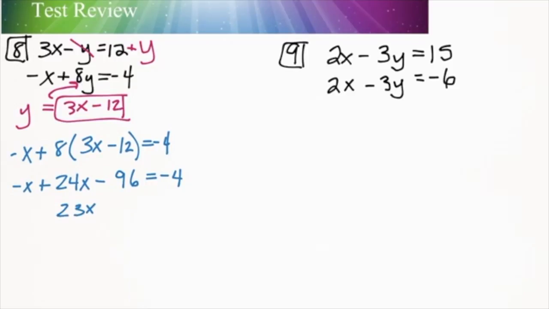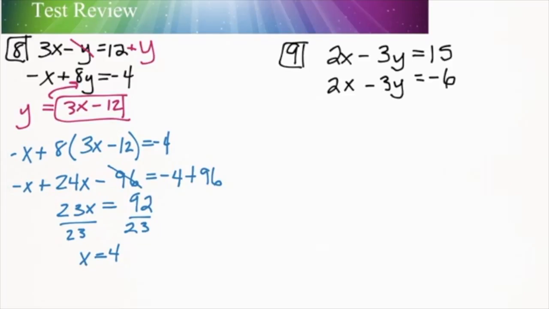I'm going to add the x's together, which will give me 23x. I'm going to add the 96 to the other side, and that'll give me 92. Dividing 23 on both sides, x equals 4.